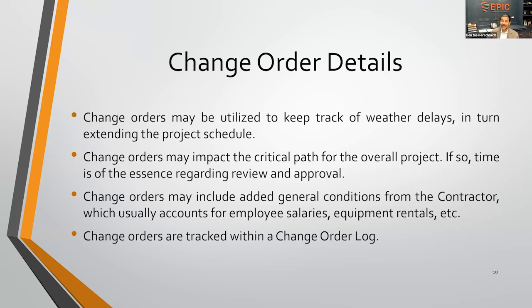Change orders may also impact the critical path for the overall project. So time is of the essence regarding the review from every party: your engineer, architect, and the client, and that approval. The last thing you'd want to happen is that it takes 2 or 3 weeks for your engineer or architect to do the review, and it takes the same amount of time for the client to do the review.